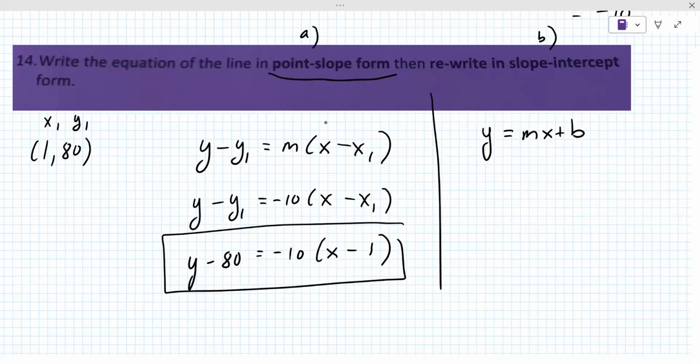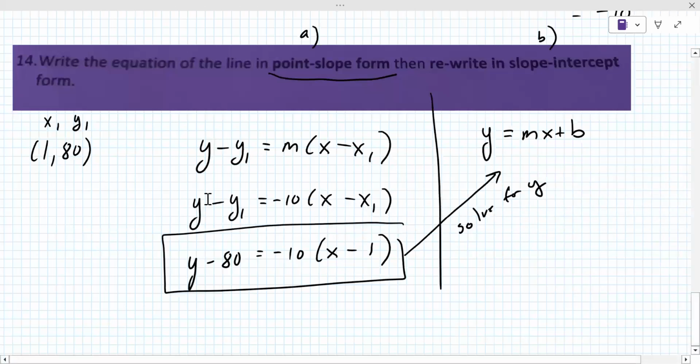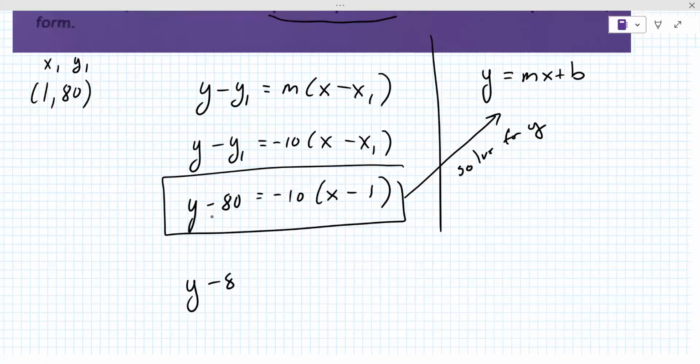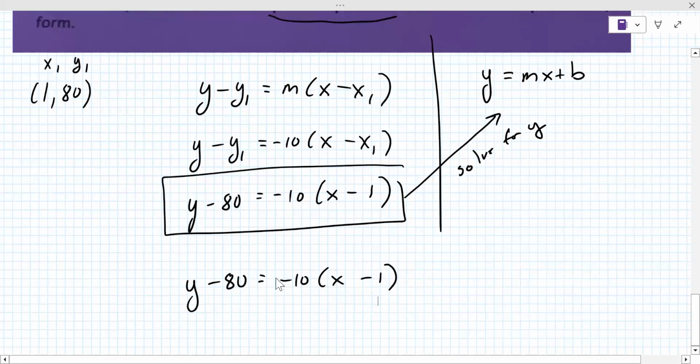To go from your answer to slope intercept form, you have to solve for y. So we're going to take this equation that we just wrote, manipulate it and get y by itself. Would you move negative 1 over? You're focusing on the side with y.